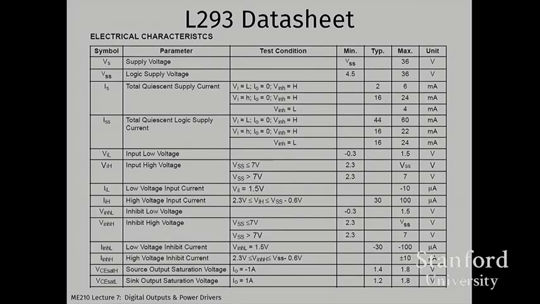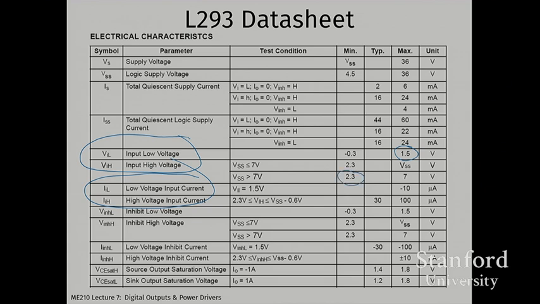And just to look at the data sheet for this part, it has power supply pins, it has logic inputs and outputs, there's VIH and VIL, the logic voltages and logic currents on the input side. And again, these numbers are in a range of values that would be consistent with most of the CMOS and TTL families that we talk about.